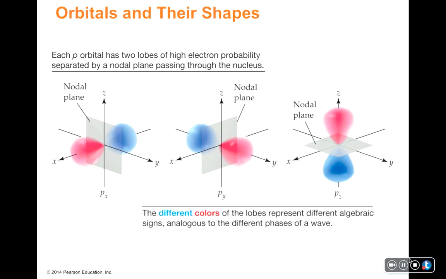So each p orbital has these 2 lobes of, again, high electron probability, and they can lie along the x-axis, as in the px orbital, the y-axis, as in py, or the z-axis, as in the pz orbital. So there are 3 possible p orbitals, and those 3 possibilities are those lying along the x, y, and z axis.